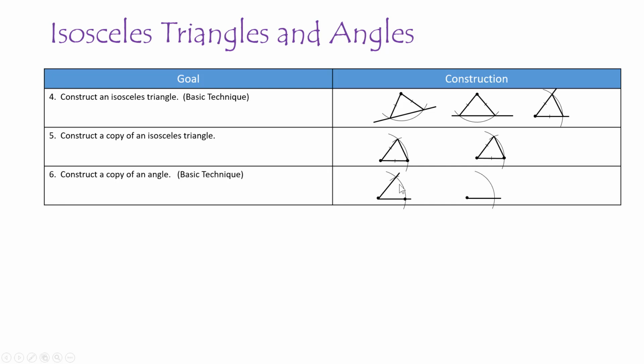Then we measure the distance between the two intersections of the sweep, and it's just like measuring the third side, the base of the isosceles triangle. See that? And so we make a crosshatch, and then we draw the second side of the angle, and we've done it. You'll do this copying an angle later in other constructions.